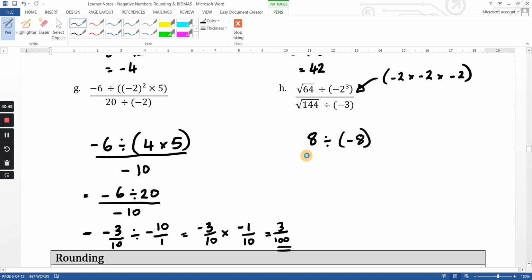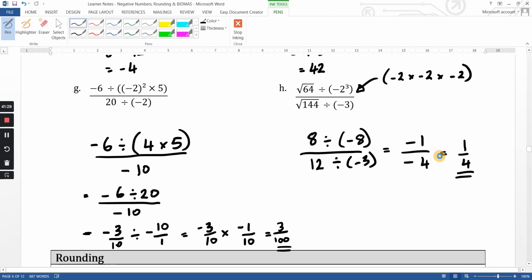Over square root of 144 is 12. So again, let's just do the top bit. 8 divided by minus 8, that's minus 1. 12 divided by minus 3, that's going to be minus 4. And again, these minuses cancel each other out, so you're going to get a positive answer anyway. You should have a quarter for your answer, or 1 over 4.